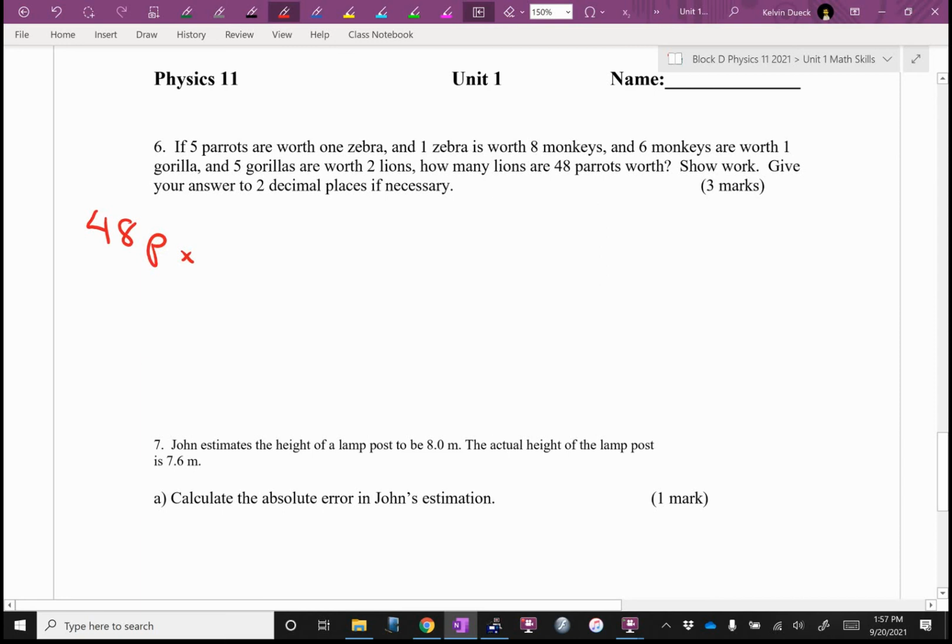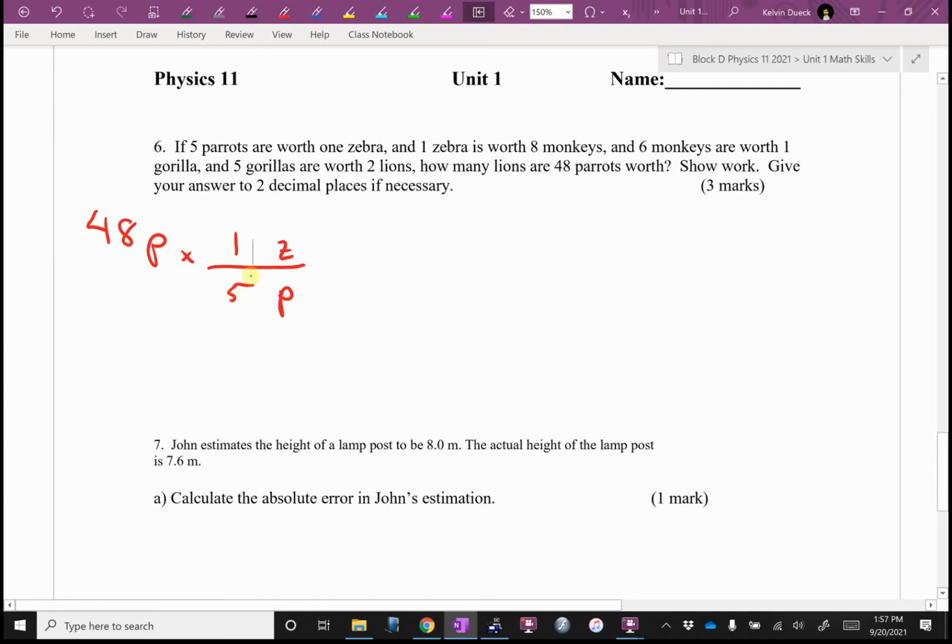What can I change parrots into? Well, then I said I want parrots to cancel, zebras on the top. How many zebras is how many parrots? One zebra is 5. Go in the order they give you.